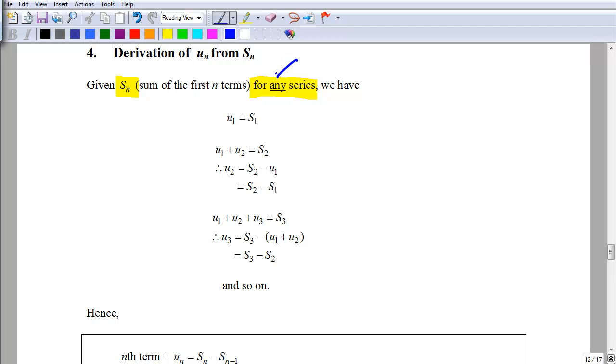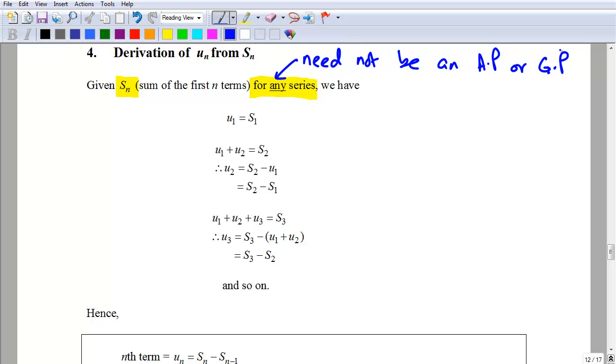No. When we say any series, we mean it can be any series, need not be an AP or GP, because there are other kinds of series that you will study in the next chapter which are not AP or GP.